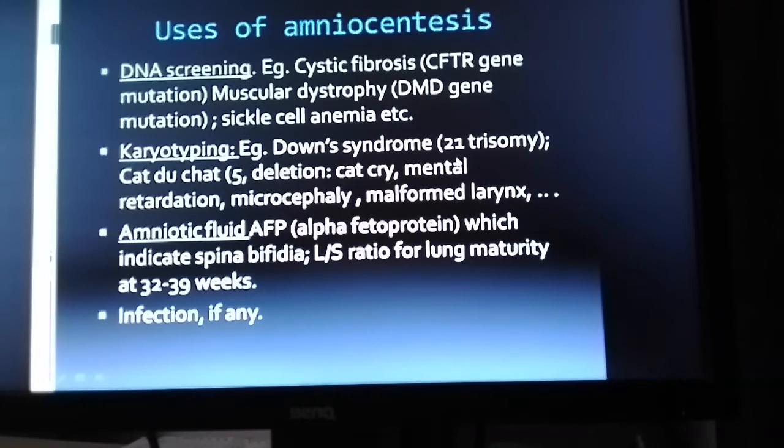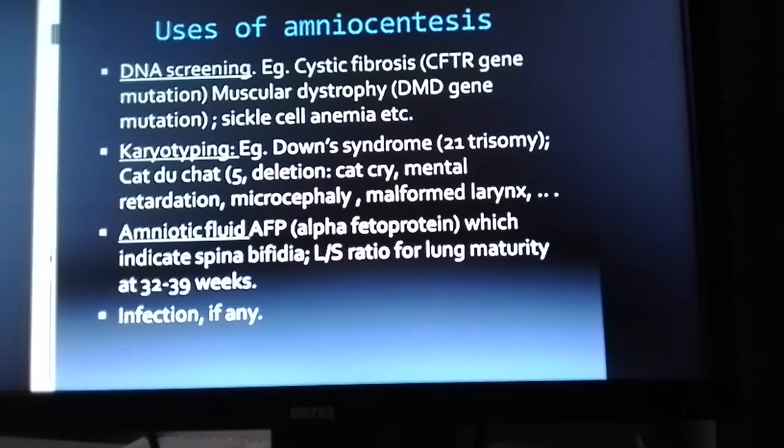If the chromosome number 21 is in a trisomy condition, then there is the possibility of Down syndrome, and Cri-du-chat syndrome if there is a deletion at chromosome number 5.